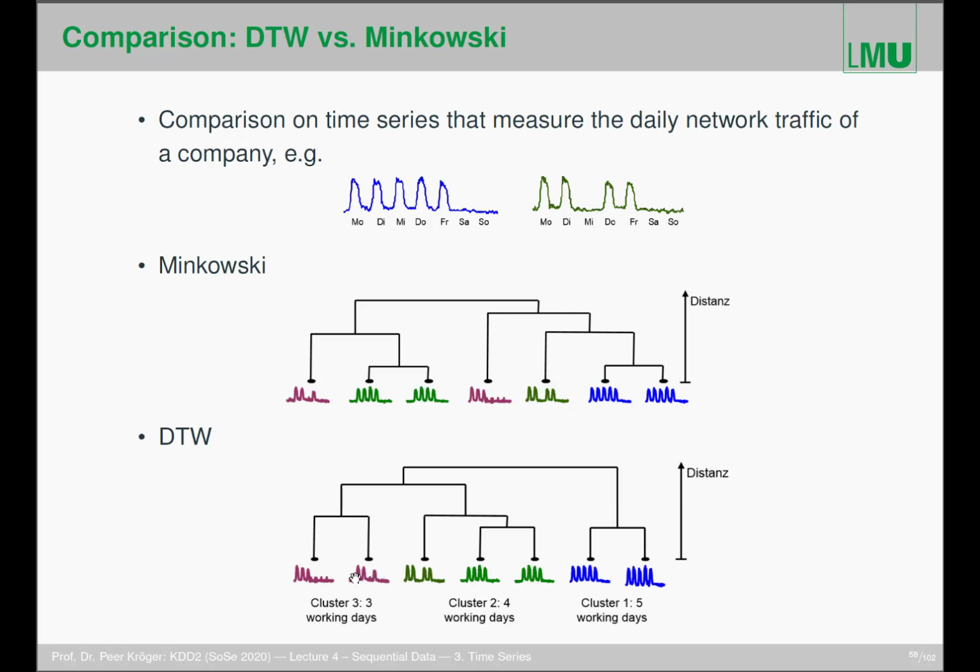Dynamic time warping is able to do that, even though in the 4 working days cluster we have different working days, different days off. So here it's Wednesday, here it's probably Friday again. It doesn't make a difference here. And here are some 3 working days weeks with different working days. Obviously no problem for dynamic time warping. This is a nice thing if you want to have that. Again, very application specific, of course.